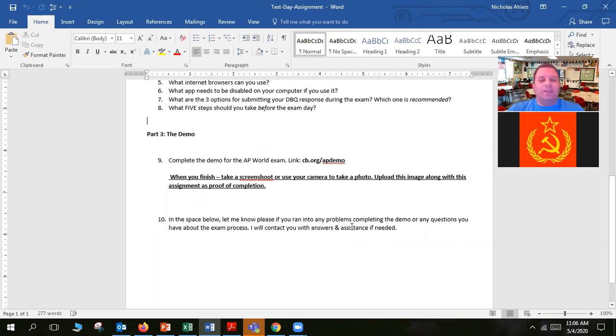And then when you get to the end of the demo, either take a picture or a screenshot of that screen that says that you have completed the demo and then upload it along with the assignment. So you can upload it as a separate file. That's probably going to be the easiest thing to do. We just want to make sure that we know that you have completed the demo exam, so you're familiar with what everything looks like, okay?